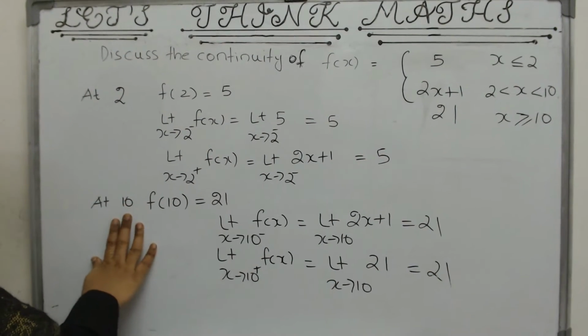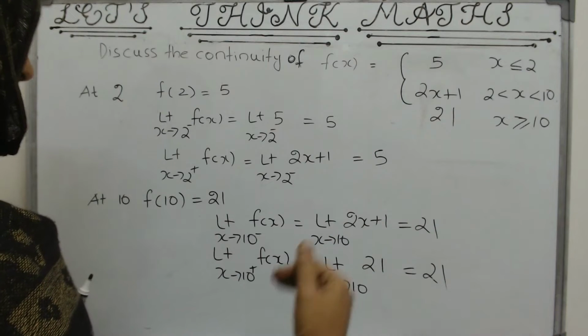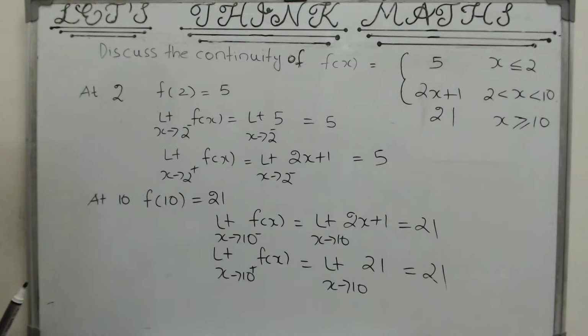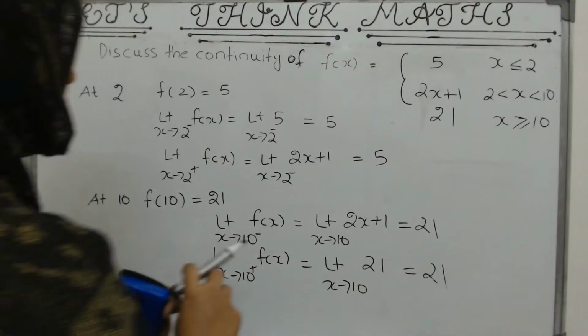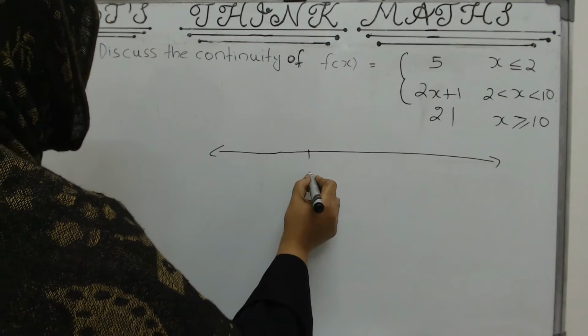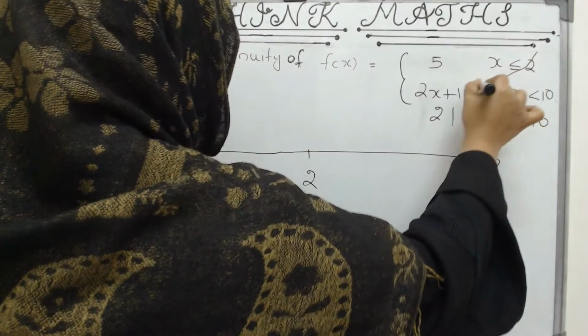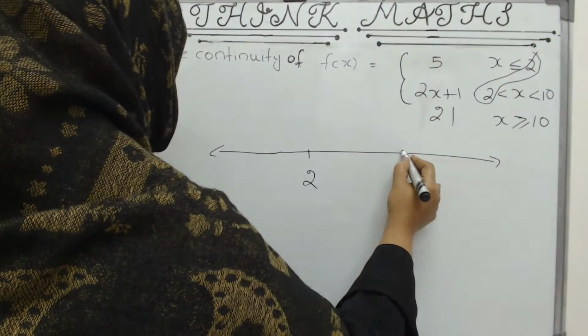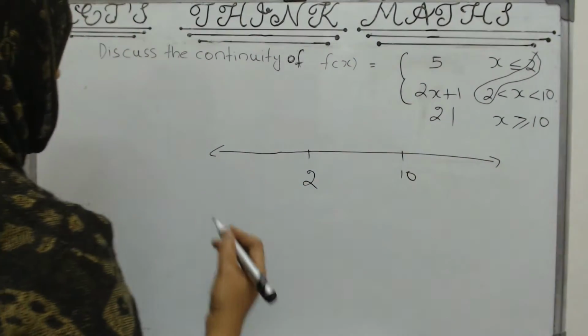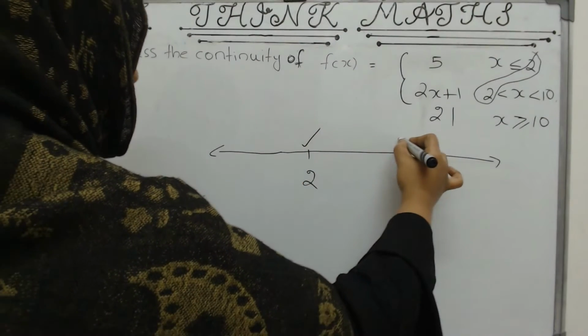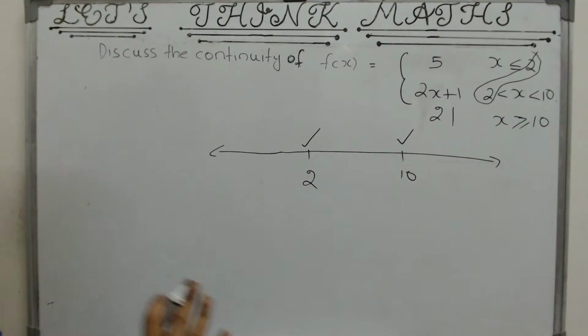So at 10, wherever you come from, the left or the right or at 10, your answer will be 21. So what do you see? There occurs a break once at 2 and then once at 10. And we have found that at 2 and at 10, the function is continuous.